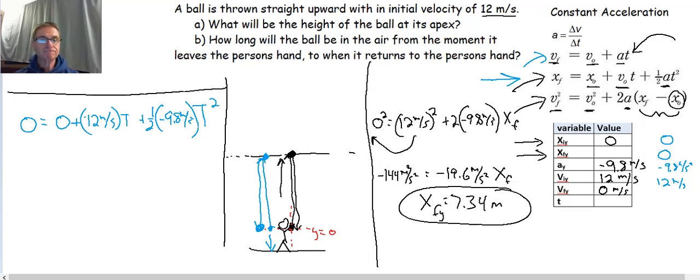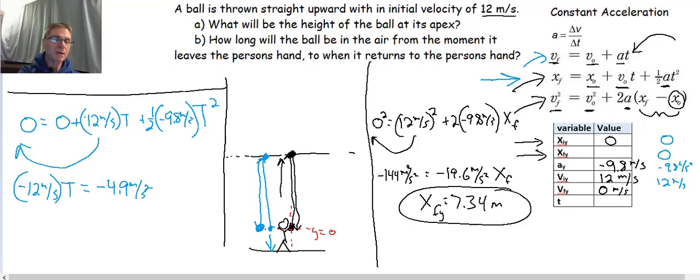So what do we got? I'm going to take this 12 and move it over to the other side. So I've got negative 12 meters per second times t, put these in parentheses, is equal to negative 4.9 meters per second squared times t squared. What can I do?